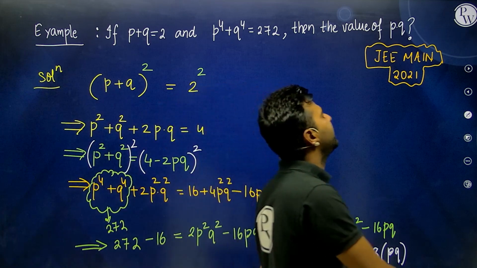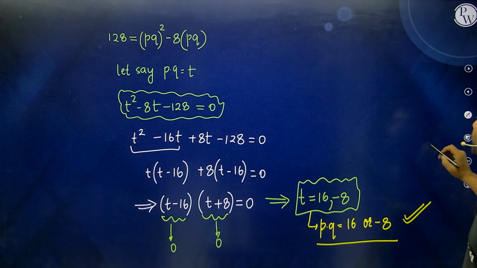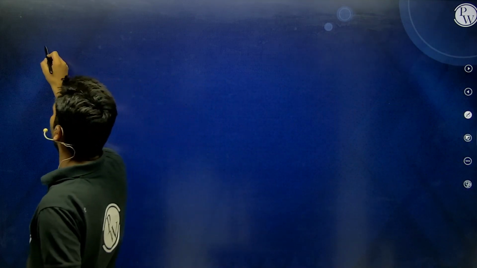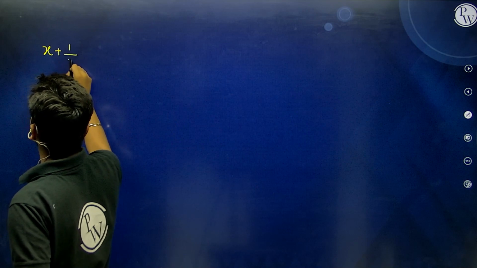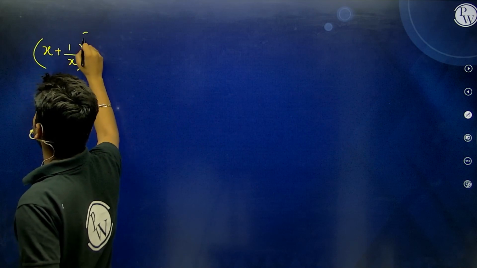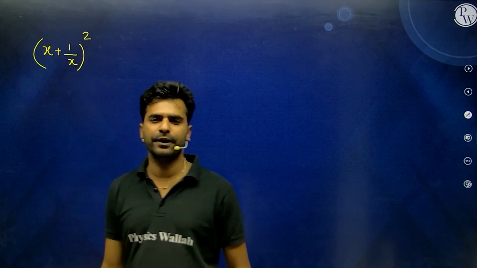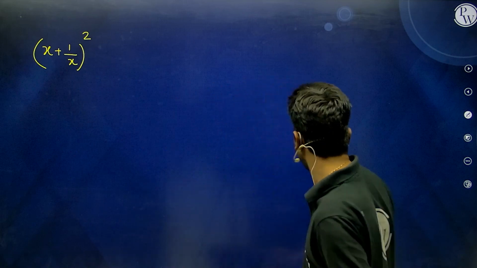Let's move ahead and learn a few more important things. Here we go. Now, if I ask you what is the expansion of (x plus 1 by x) whole square, can you do it by using (a plus b) whole square?